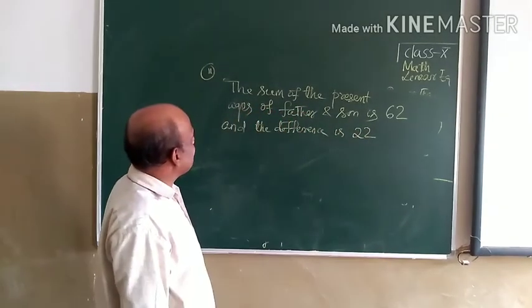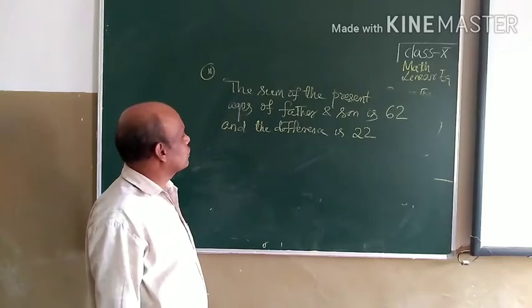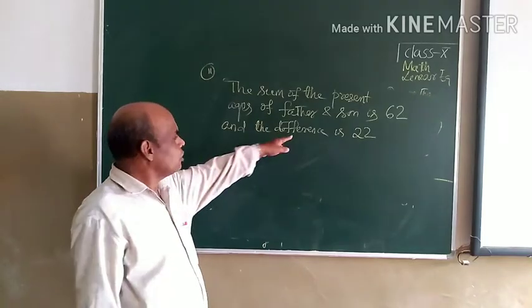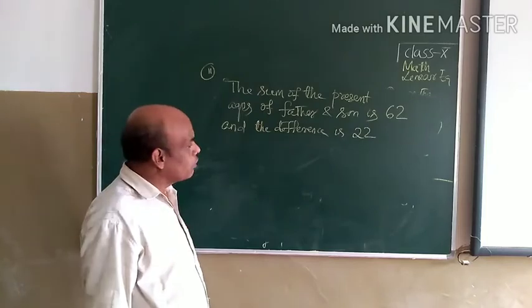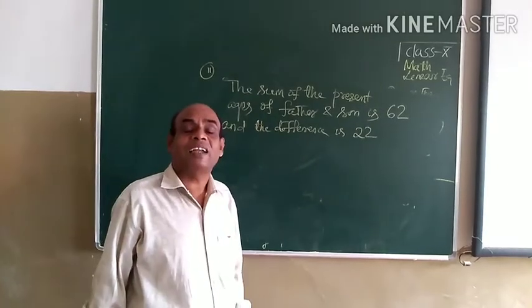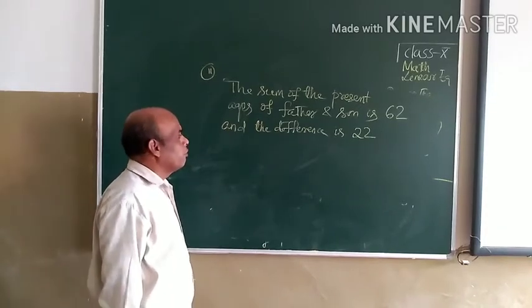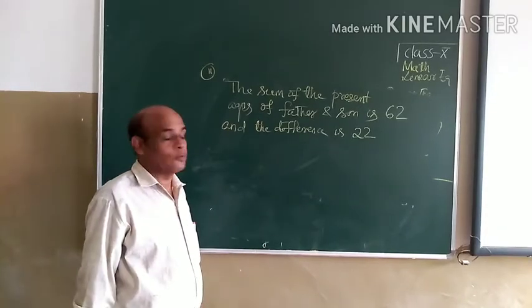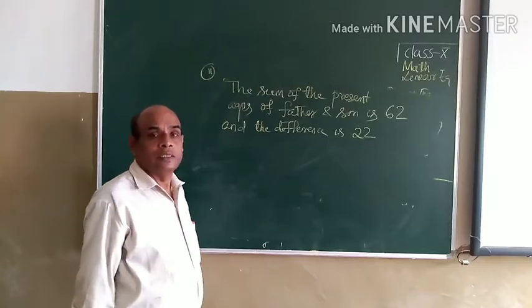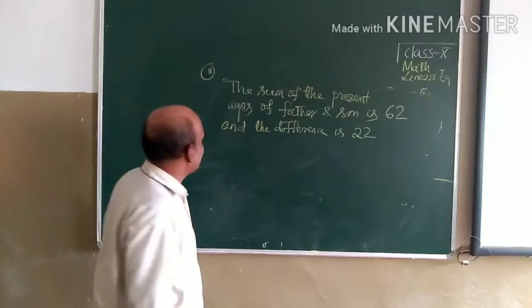The sum of the present ages of the father and son is 62, and the difference of the present age is 22. So find their ages. This is question number 1 that you have to do by any one of the solving methods.